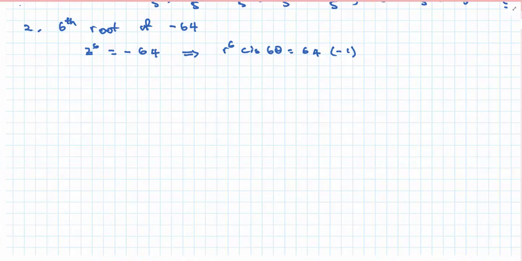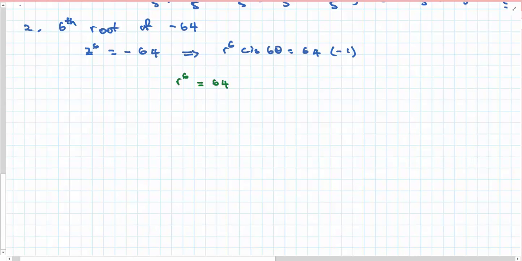because then I can equate the r to the 6 with 64, and then I can equate the real part with the real part of the complex number and the imaginary part with the imaginary, which happens to be 0.